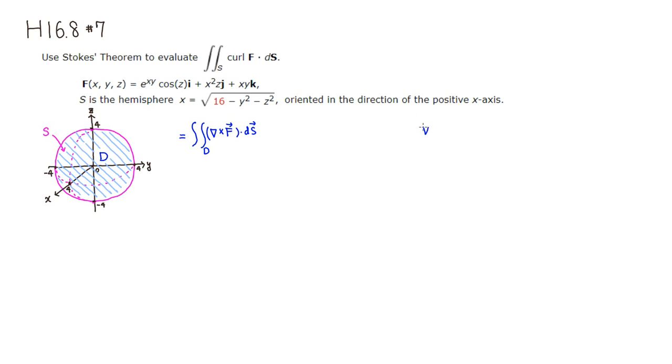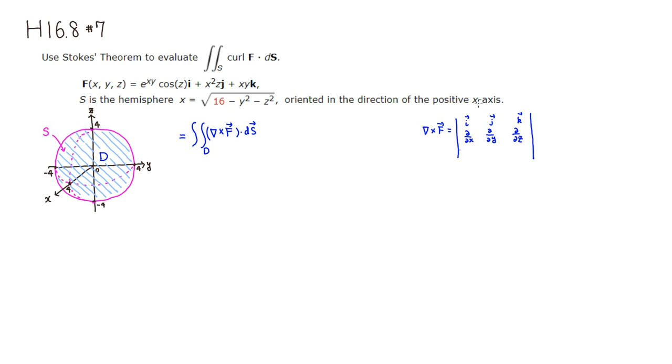So the curl of vector field F is going to be, we have vector i, vector j, vector k, and partial with respect to x, partial with respect to y, and partial with respect to z.